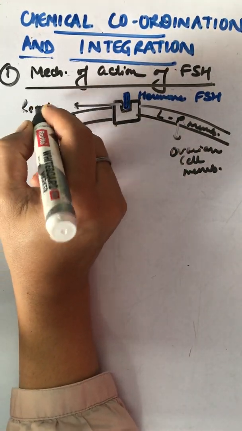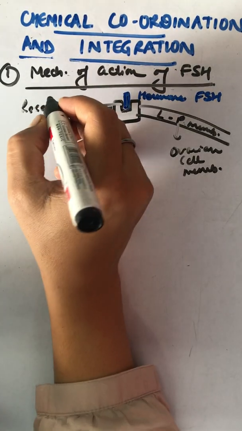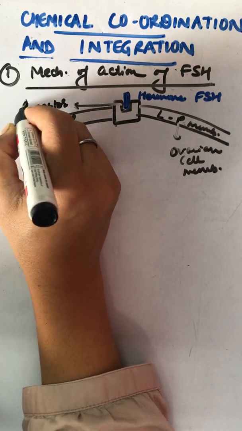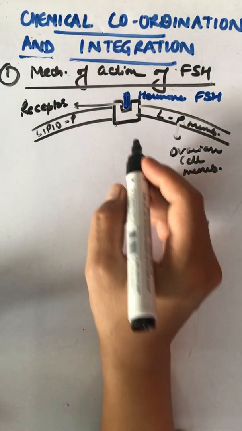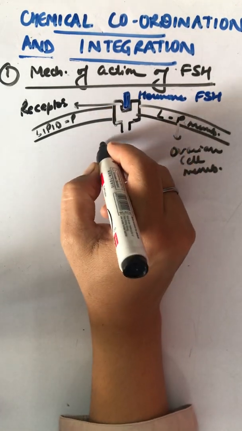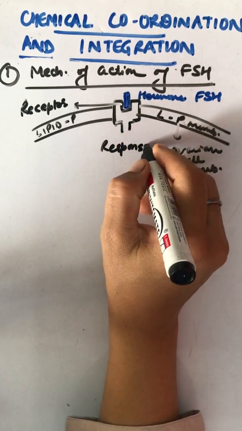I'm writing here receptor. What will happen? What is being expected? First of all, what will happen? Response 1.